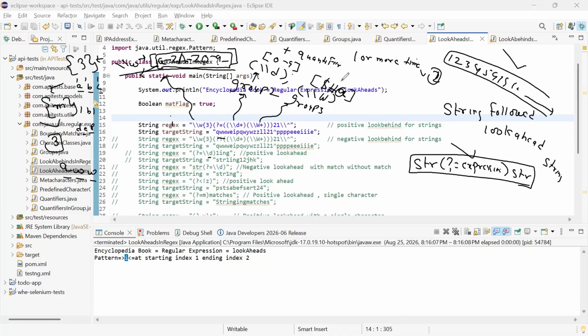And on top of me, I again have a plus quantifier. Plus has the same implication here, one time or more times. So it is saying dollar, pound, pound, at the rate, repeated minimum one time, maximum n number of times. And I am group 3.